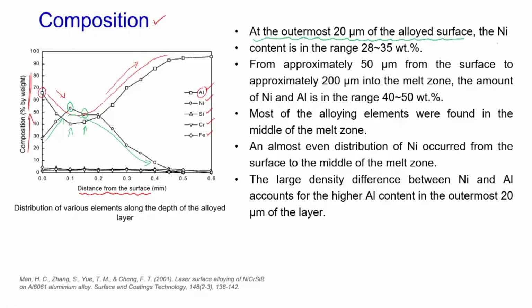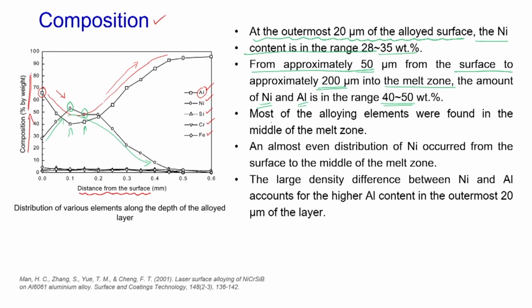So, at the outermost 20 micron of the alloyed surface, the nickel content is in the range of about 28 to 35 percentage weight. From approximately 50 micron from the surface to approximately 200 microns into the melt zone, the amount of nickel and aluminum was 40 to 50 percentage of weight.